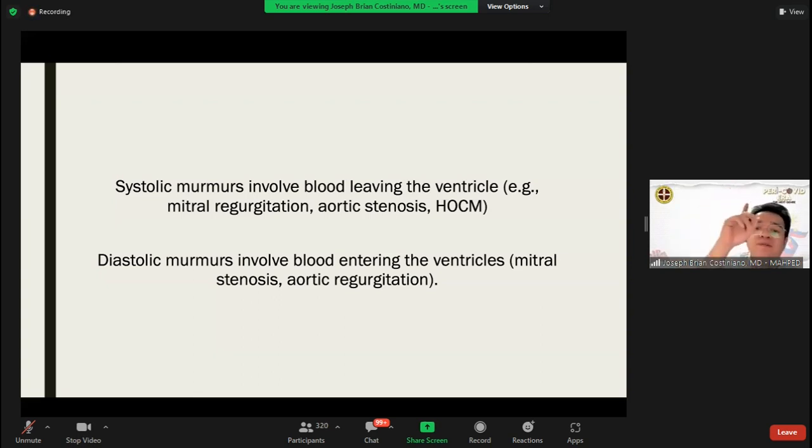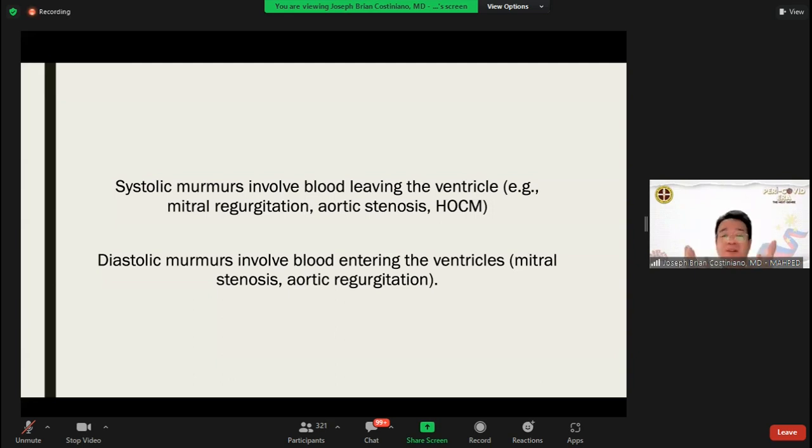And if you have aortic regurgitation, dapat palabas na from the ventricle going to the systemic vasculature, pero nag-regurgitate back siya. So that's why it's a diastolic murmur, because the blood enters back into your ventricles.